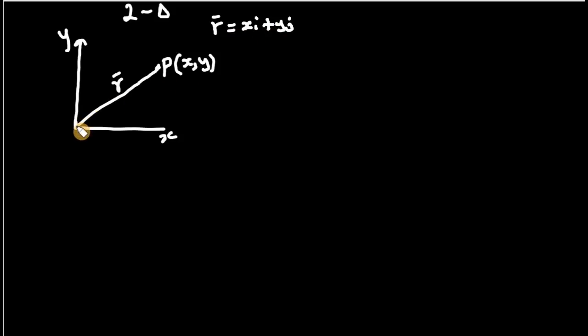As we have only 2 points here running from here to here, this can as well serve as a displacement vector if we find the change in the position vector. So change in this position vector is the displacement vector.